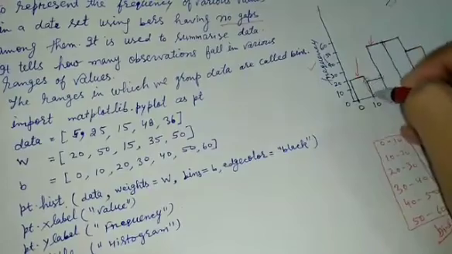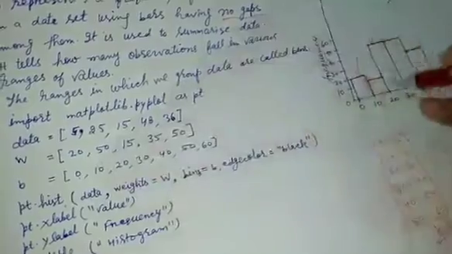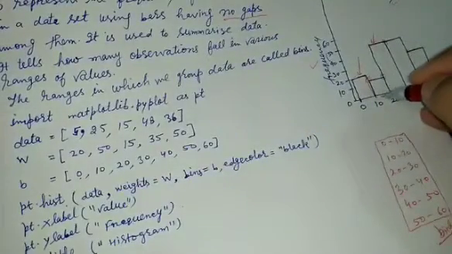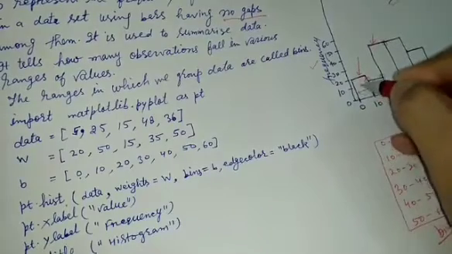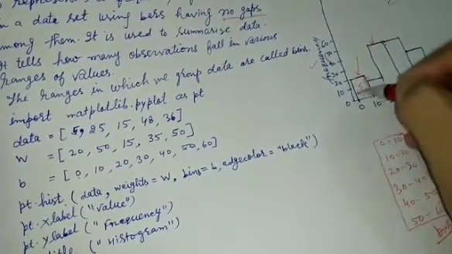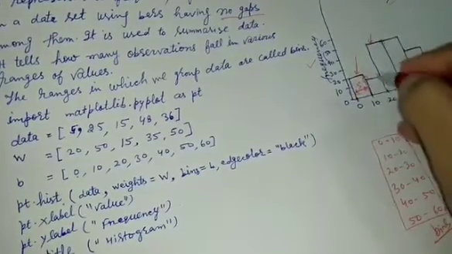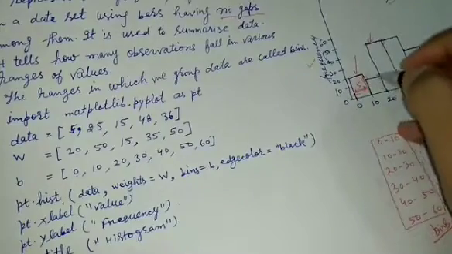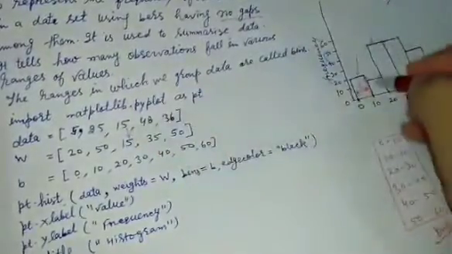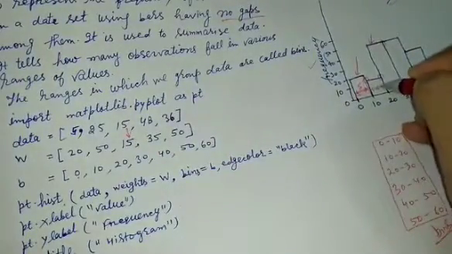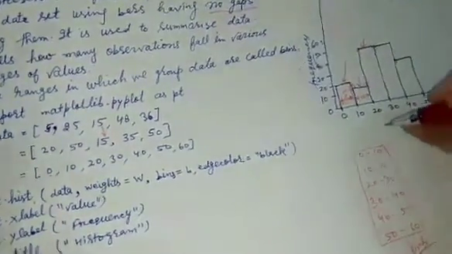The width is 20 in the bin 0 to 10, and this represents that here the value is 5. So this 5 value comes into the 0 to 10 group. Then 15 has the width 15 also. So the value is 15 for x and width 15 for y-axis.